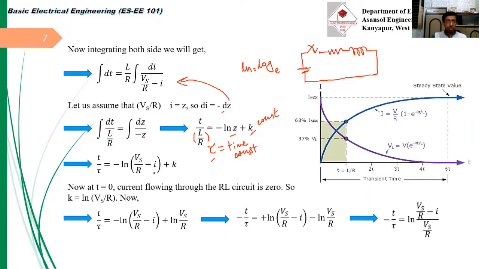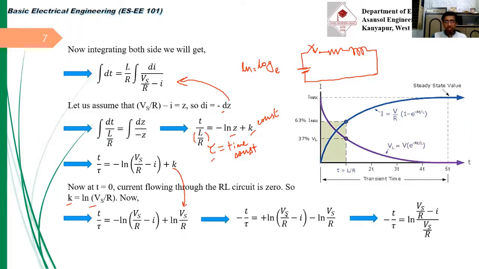So t is 0, I value is 0, and the constant k equals ln Vs by R.